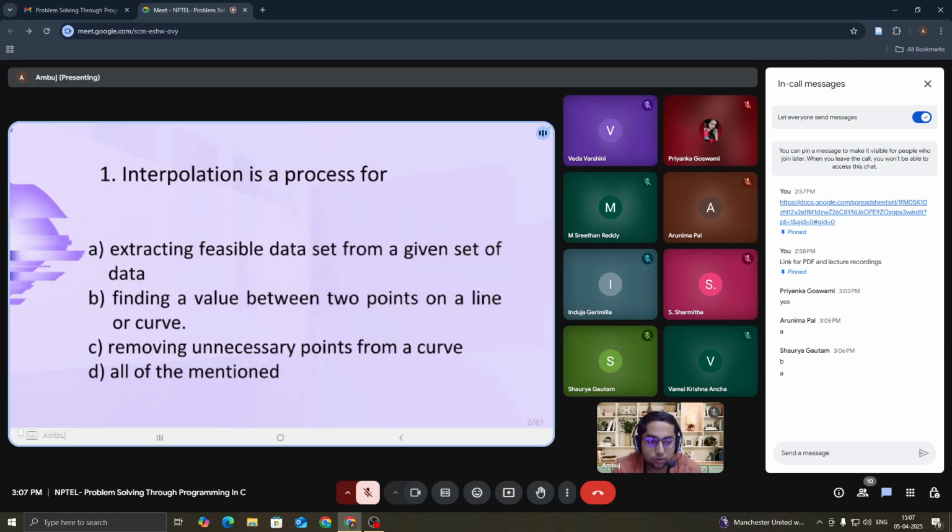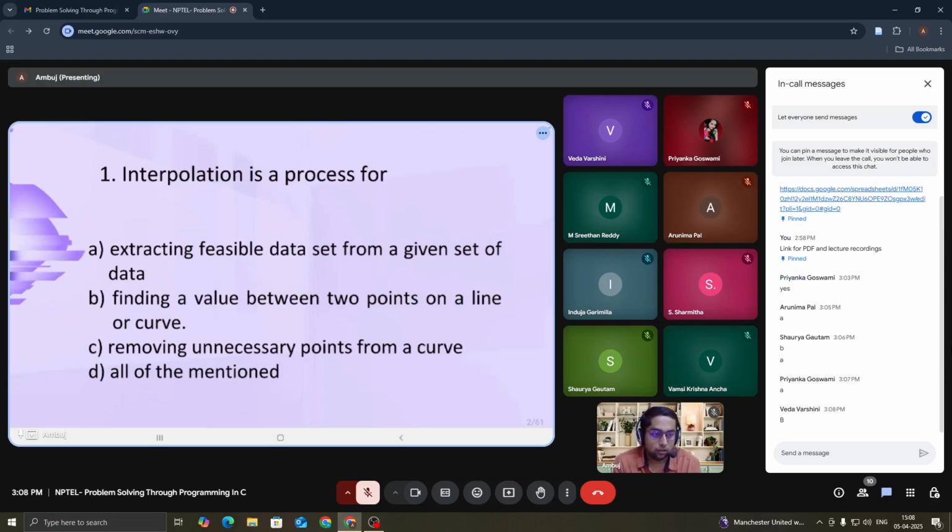Haven't you read the previous week's content? Okay, A, then B. Good. Only one person is correct till yet. It is indeed B, finding a value between 2 points on a line or a curve.